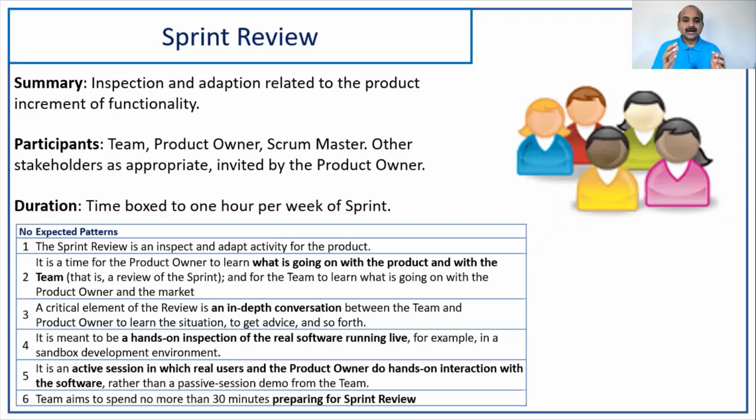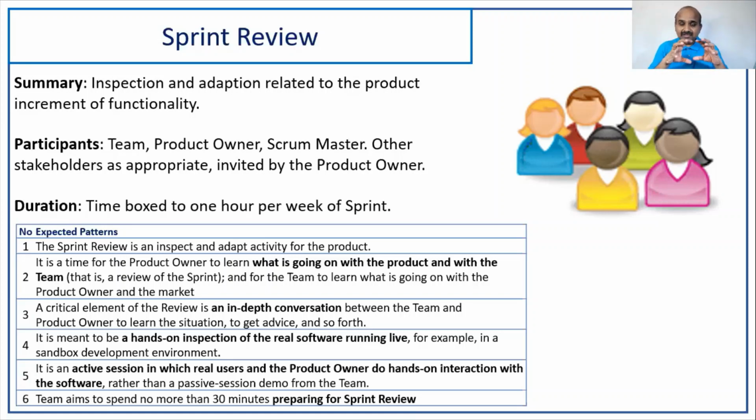The moment the team comes and says, look, I'm not able to meet this particular acceptance criterion, the product owner explains, guys, whatever you have achieved is very important. It is going to give us market penetration or market advantage.